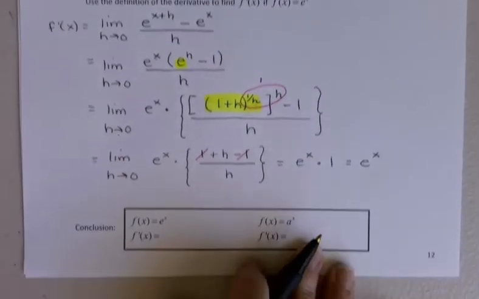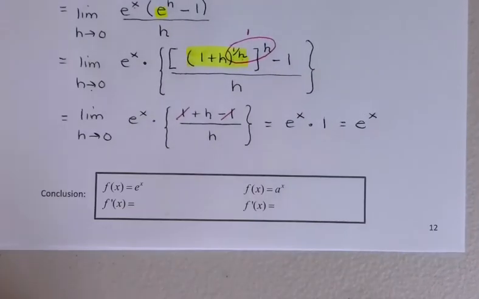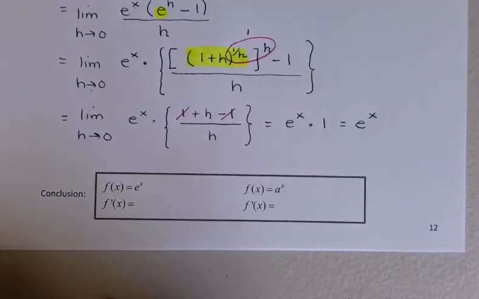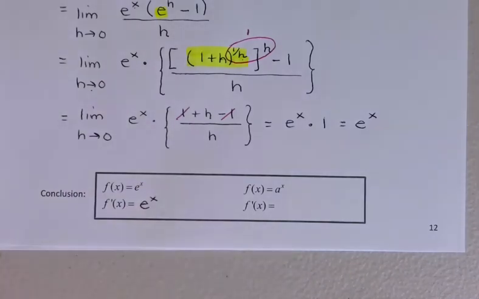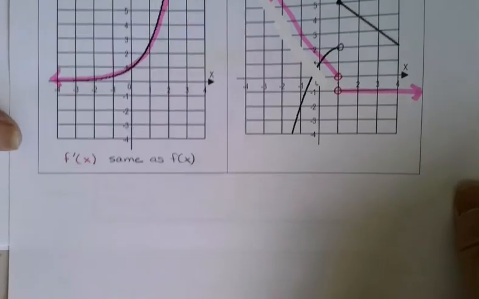So if f of x is equal to e to the x, then f prime of x is also e to the x, the only function that is its own derivative. This one we also had a little bit of a hint on when we looked at the derivatives graphically. Remember this graph?